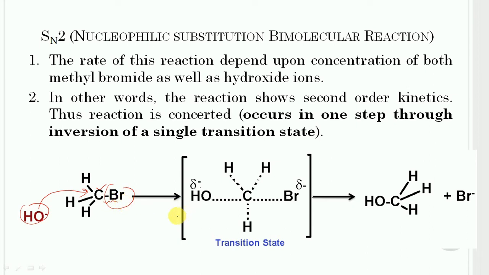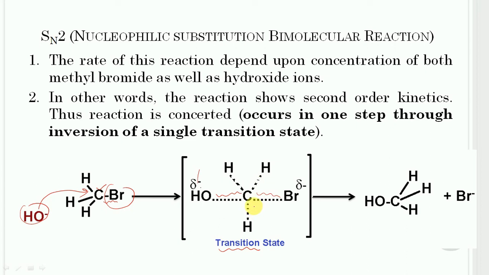In other words, the bond between carbon and oxygen starts forming, and at the same time the bond between carbon and bromine starts breaking. Such a reaction therefore occurs through the transition state, and finally the product will be formed with the inversion of configuration.